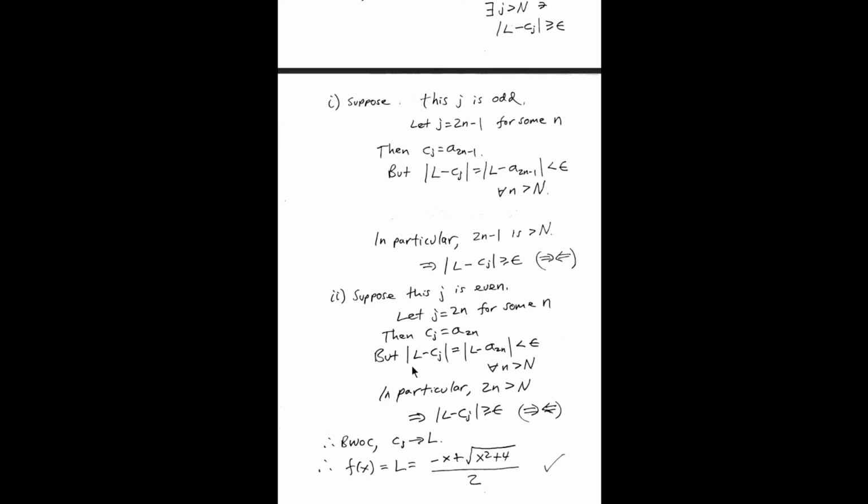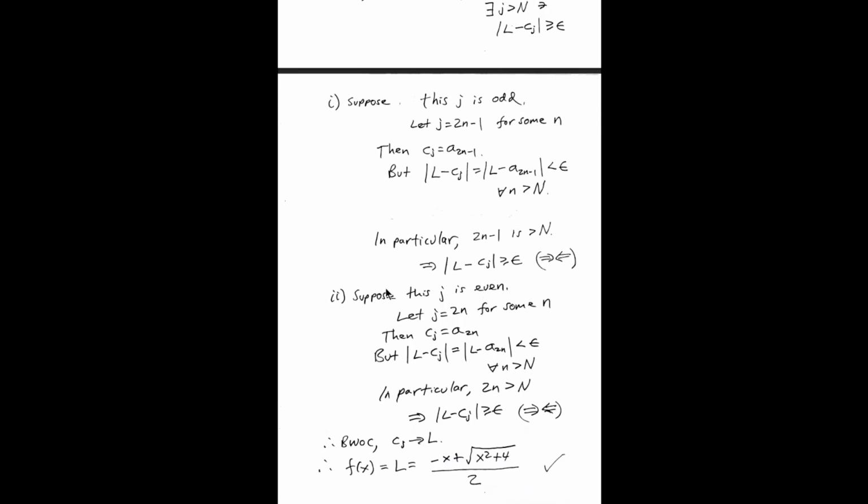But the absolute value of L minus Cj then will equal the absolute value of L minus A sub 2n, which we know is less than epsilon for every n greater than capital N. But in particular, it is true for 2n greater than capital N, which implies the absolute value of L minus Cj is greater than or equal to epsilon by our assumption that Cj does not approach L. Okay, again, we get a contradiction.